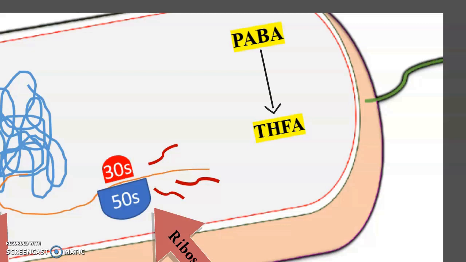It is very much essential to synthesize folic acid, which maintains the genetic material of the bacteria. This feature of bacteria is unique, as unlike human beings, the folic acid cannot be supplemented through diet or any exogenous source. Thus, the bacteria has to synthesize its own folic acid endogenously. So this is the brief introduction to the normal bacterial cell.